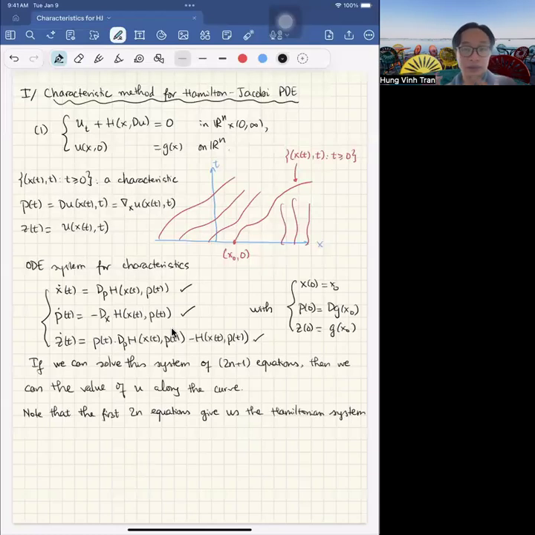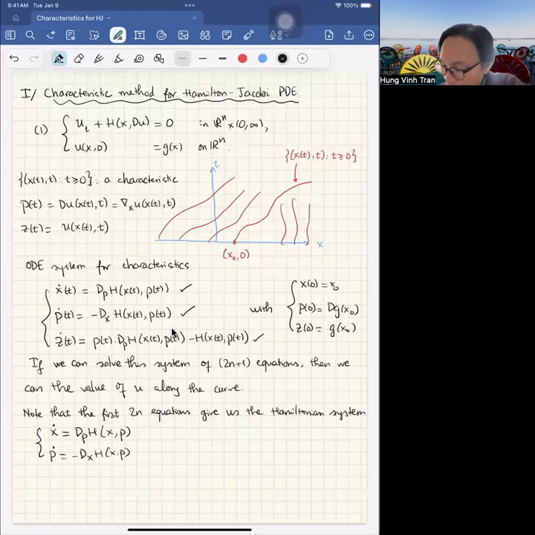This is a very famous ODE system that appears in Hamiltonian mechanics or Hamiltonian dynamical systems, and people have studied this a lot. This is very important. So I have x dot, omitting the t, equals D_p H of x, p, and p dot equals minus D_x H of x, p. This is a very important Hamiltonian system, and it has been studied a lot in the literature.